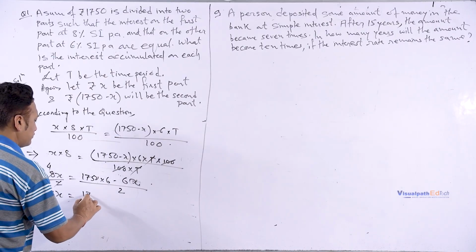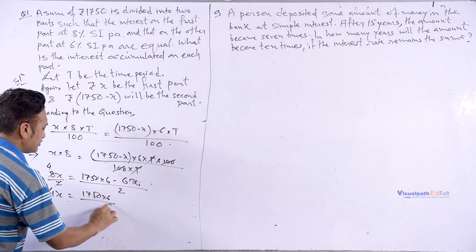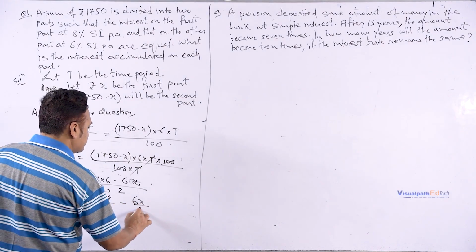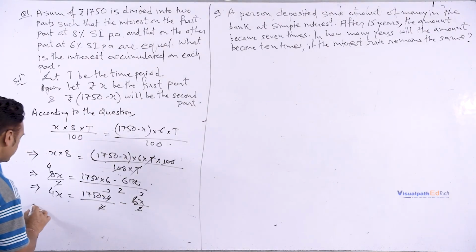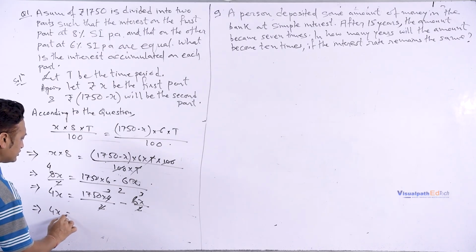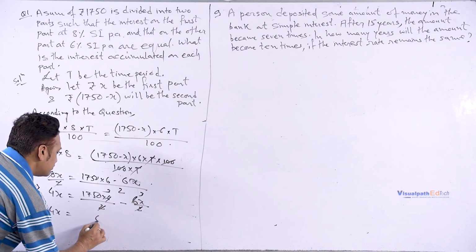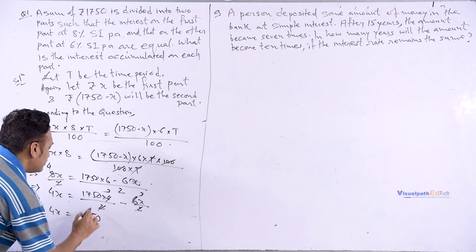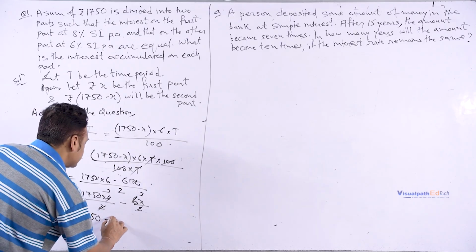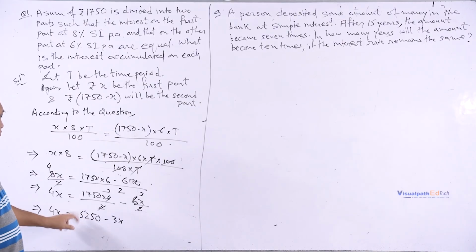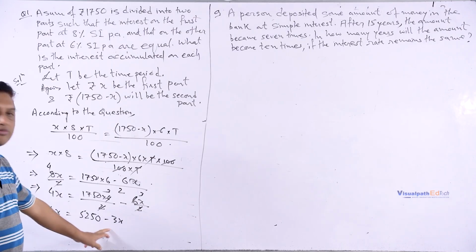On the right, 1750 into 6 divided by 2 gives 3, and 6x divided by 2 gives 3x. So ultimately 4x is equal to 1750 into 3, which is 5250, minus 3x. That is our equation.